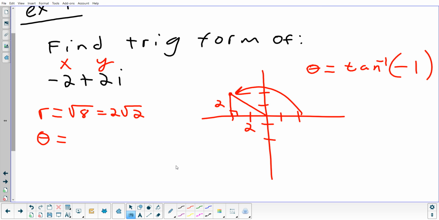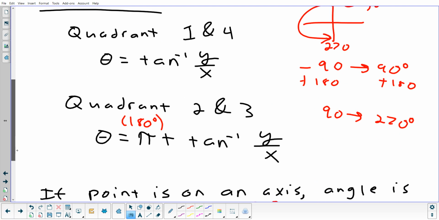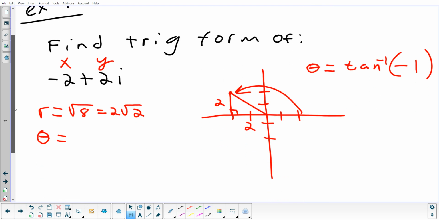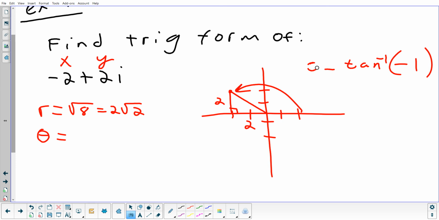But what quadrant is my point in? 2. So go back and look at your formula. If you're in quadrant 2, do the inverse tangent of y over x, which we just did, but then add 180. Okay. So I'm actually going to put that in right here so we don't forget it.